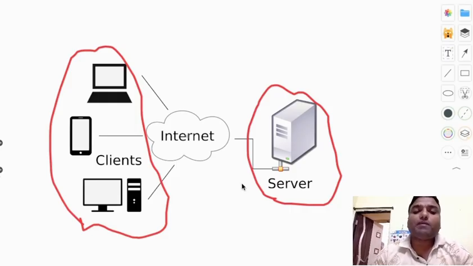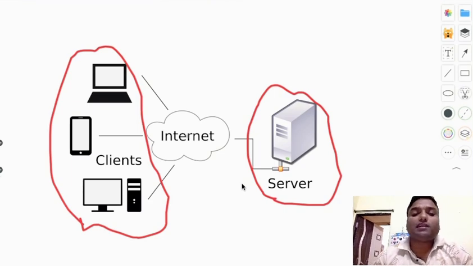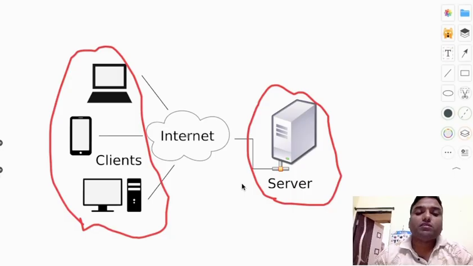SOAP is Simple Object Access Protocol. Protocol means a set of rules. There is a structured set of rules by means of which data or messages can be shared across various interconnected devices.